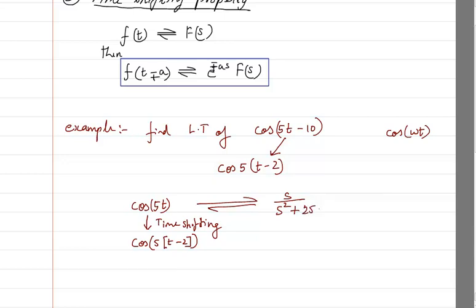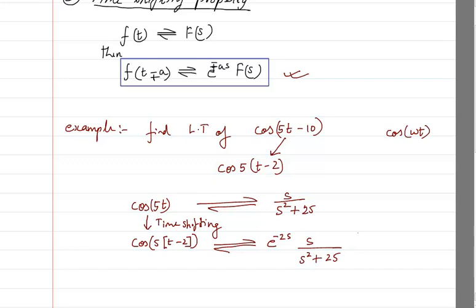Now if I apply time shifting, instead of t I am writing t minus 2. So according to this formula, since it is minus, the Laplace transform will be e raised to power minus 2s into s divided by s square plus 25.